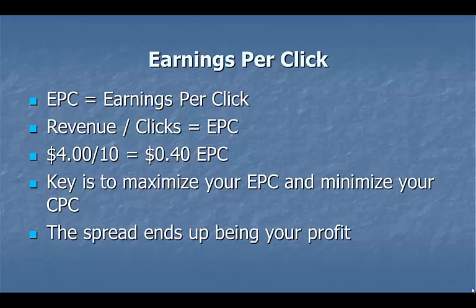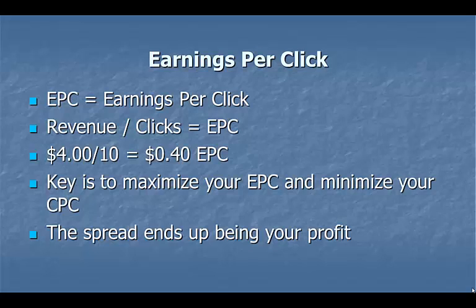The obvious goal here is to maximize your earnings per click and minimize your cost per click. If you continue on with this exercise, there's no reason why you couldn't get an even higher earnings per click and a lower cost per click. This can happen by eliminating poor performing keywords or drastically dropping the bids on keywords that aren't quite giving you the return that you need.